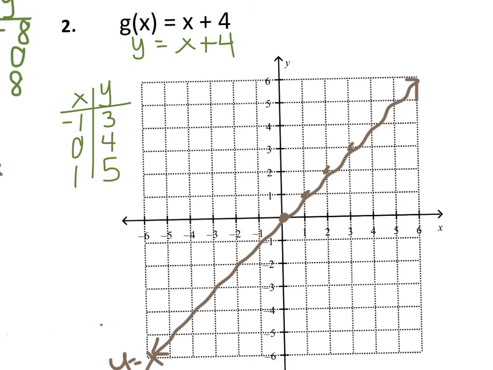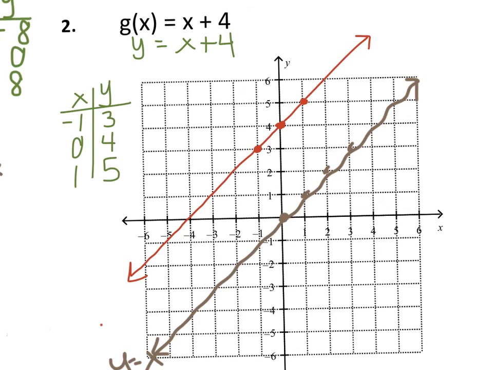Each of those are my ordered pairs I'm going to plot. So I have negative 1, positive 3, 0, and then positive 4, and then a positive 1 and 5. And again, I'm going to try my best to connect these as straight as possible.